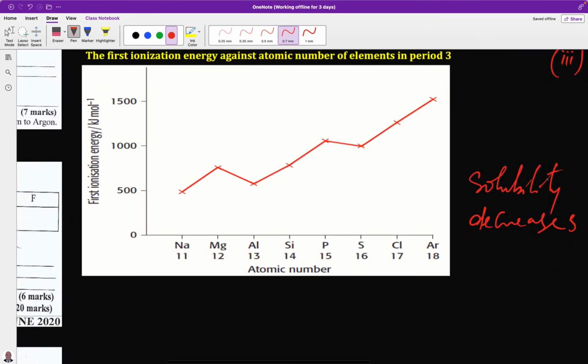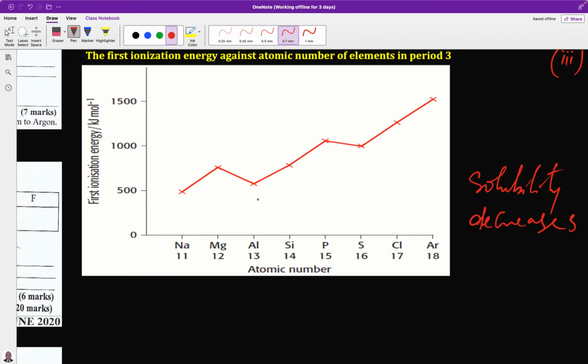If you look from sodium to argon of period 3 of the periodic table, the general trend is that there is a consistent increase as you move across the period. The reason is that there is an increase in the nuclear charge, resulting from an increasing number of protons.